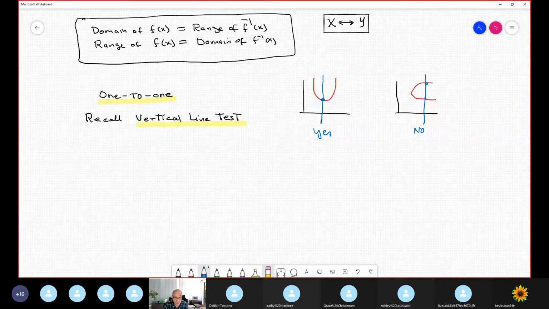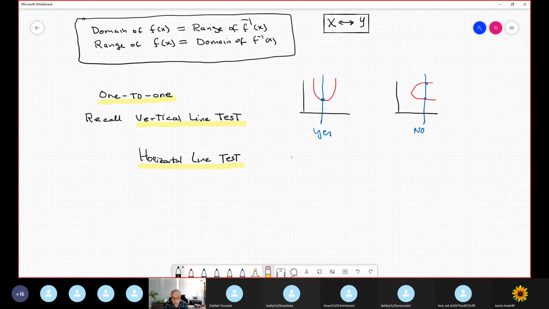Okay, but now I want to discuss the horizontal line test. There's a more sophisticated test that allows us to determine if the graph of the function is one-to-one or not. Let me try to see two examples. For example, this graph.